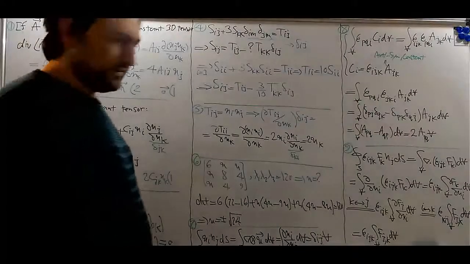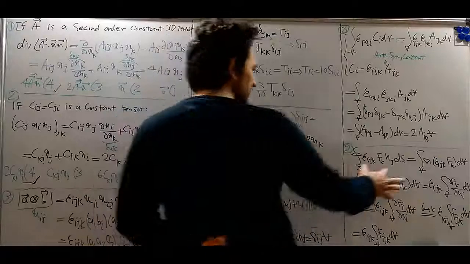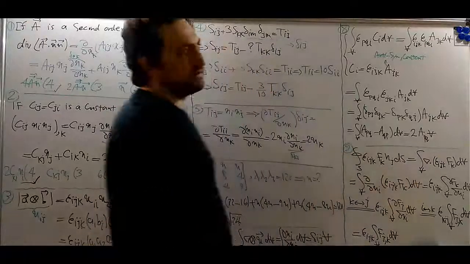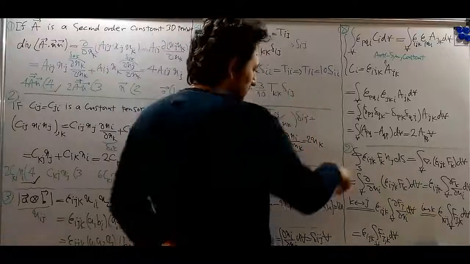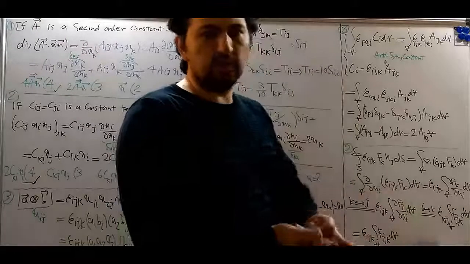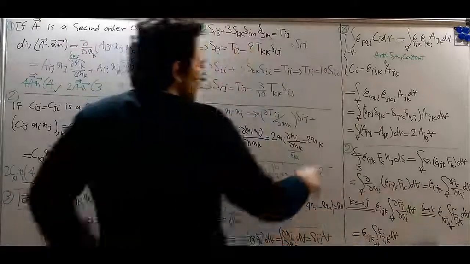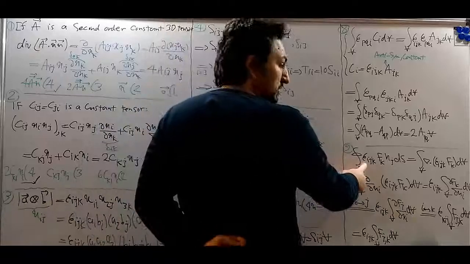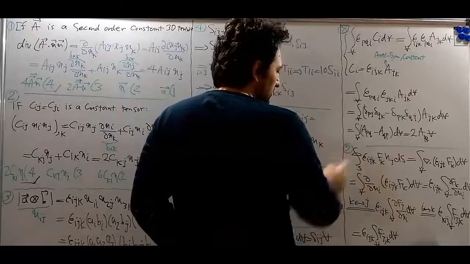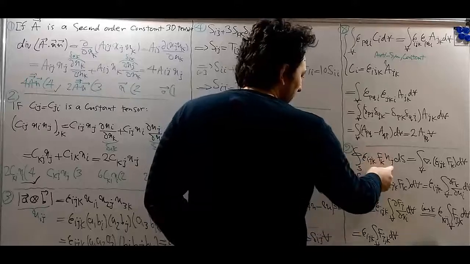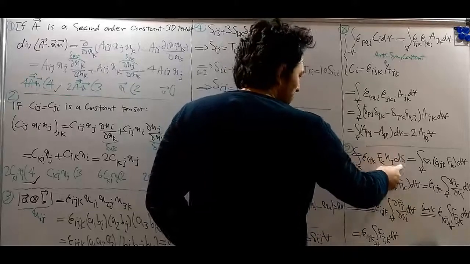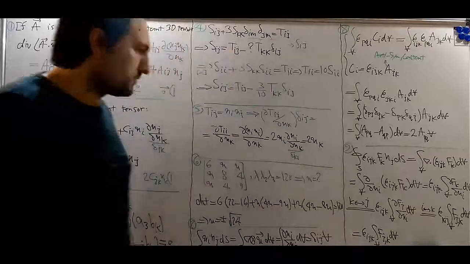The next question: find the result of this surface integration. S is the closed surface bounding a volume in space. And this is the permutation symbol, epsilon sub ijk, times f sub k times n sub j, dS.